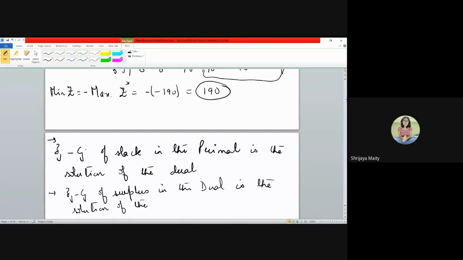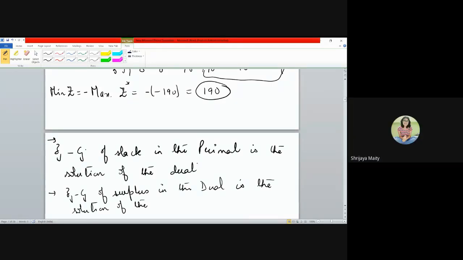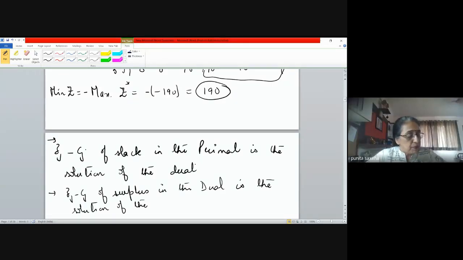So just understand this, that Zj minus Cj of slack in the primal is the solution of the dual. Now the first slack we have in the primal is x4.